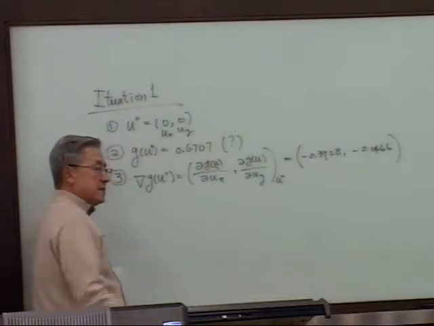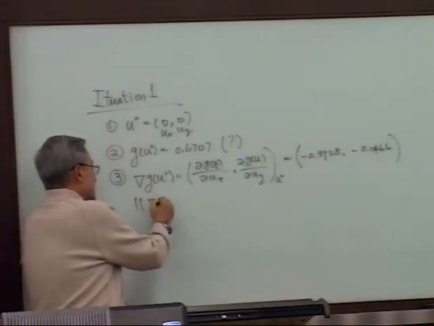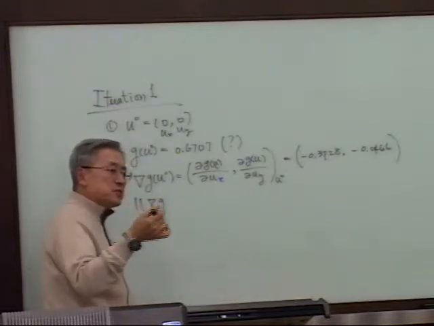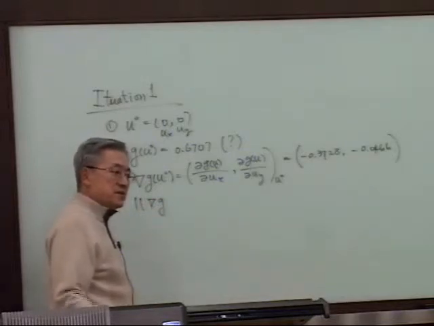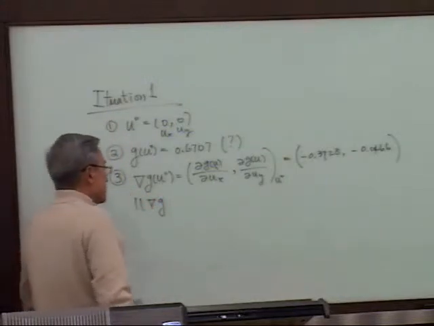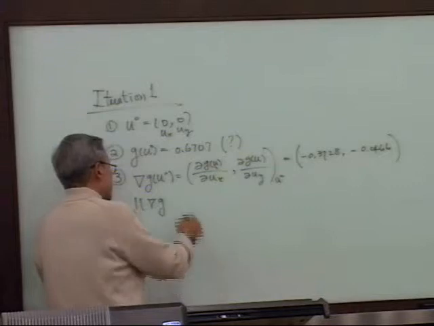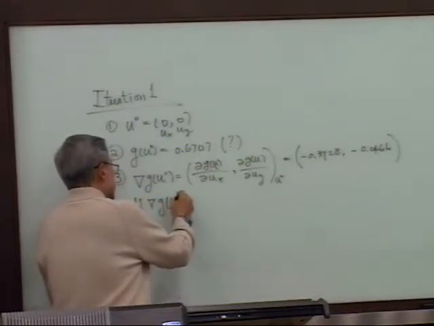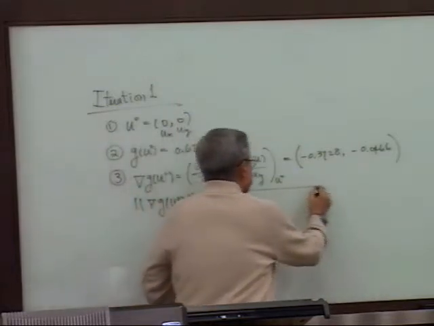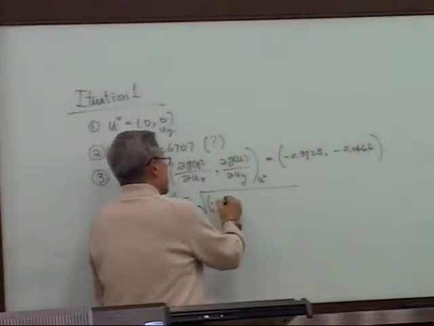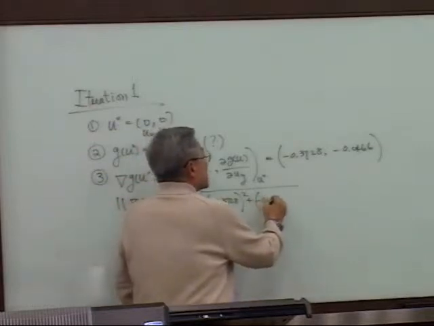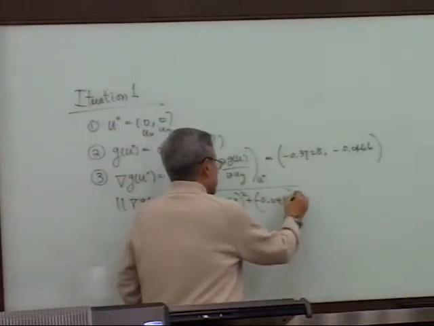What's the next? You have to get the norm, right? To compute the A vector, which is a unit vector of the gradient. Then you take a negative A to change the direction, matching with the unit U vector, which is U naught. That's the square root of 0.3728 squared plus minus 0.0466 squared.